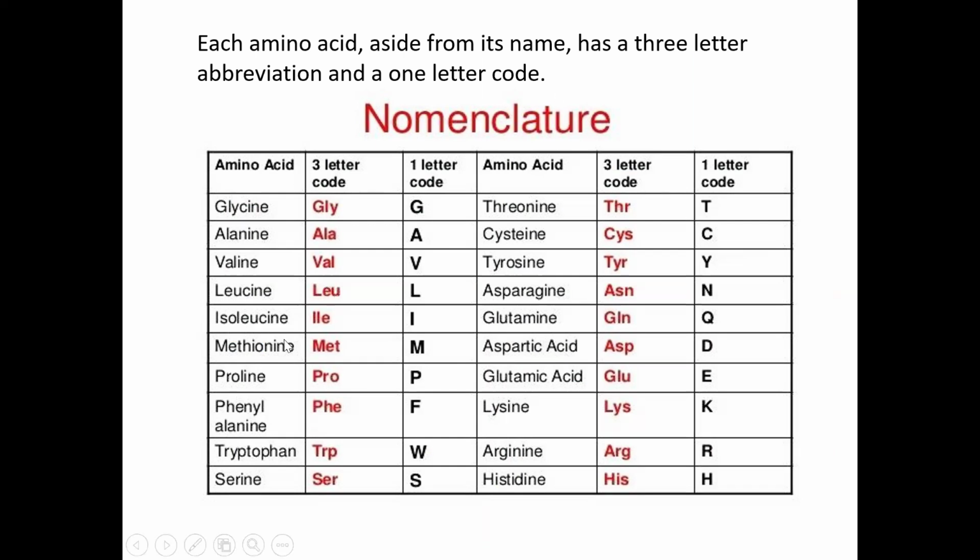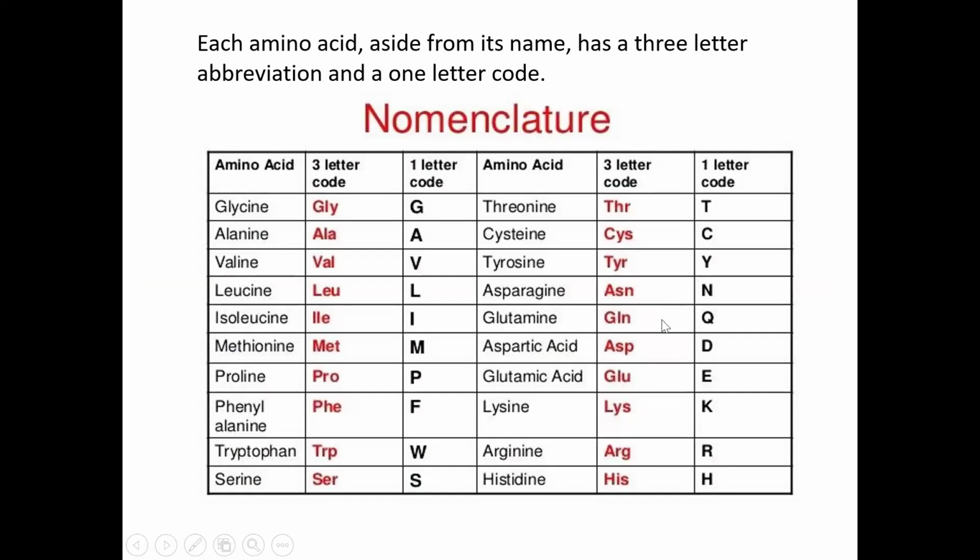For glycine, the 3-letter code is GLY and the 1-letter code is G. For alanine it is ALA and A. Valine is VAL, V. Tryptophan is TRP, and W. Phenylalanine is PHE and F, and serine is SER and S. For lysine, the 1-letter code is K.